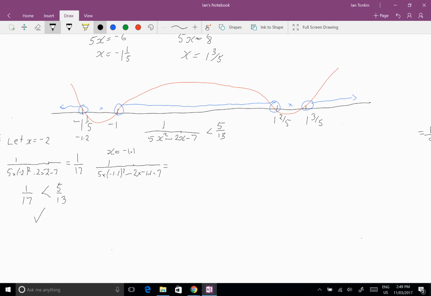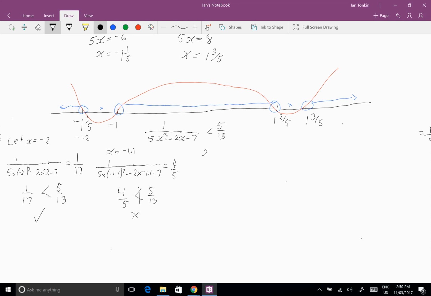And that equals 4/5. And 4/5 is not less than 5 on 13. So that's a no-go area.